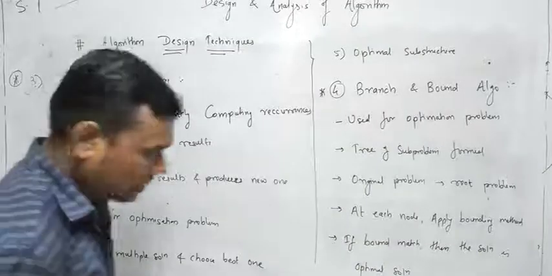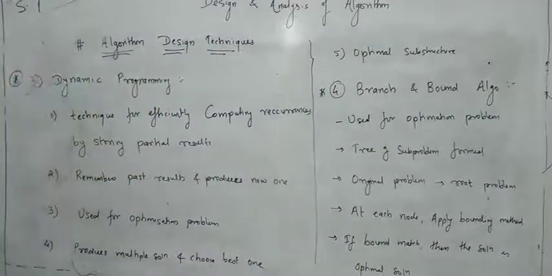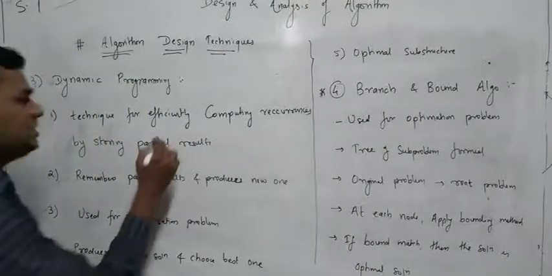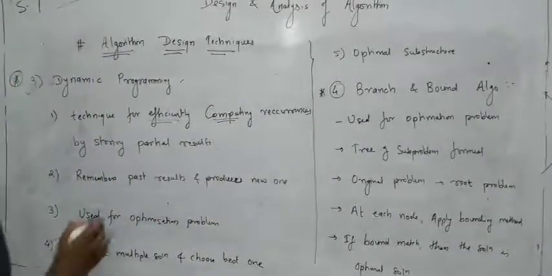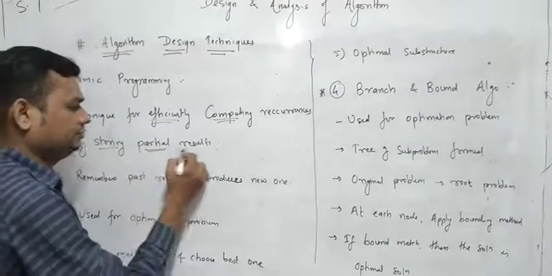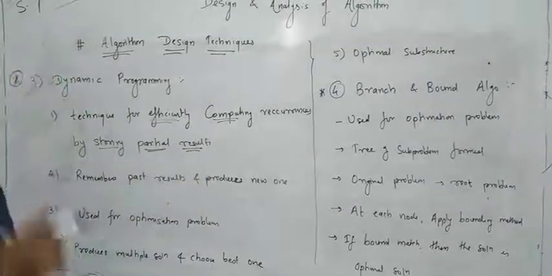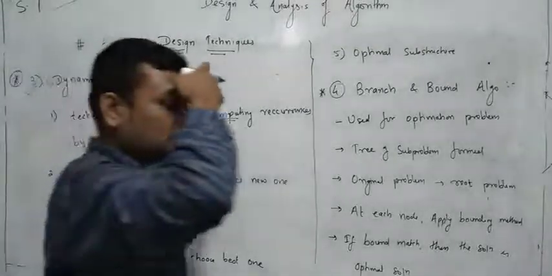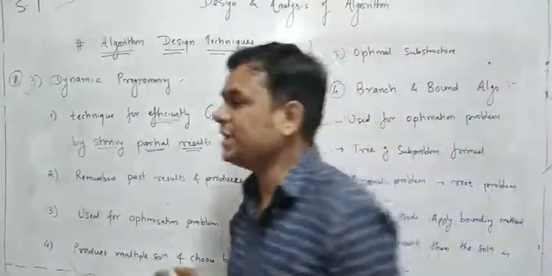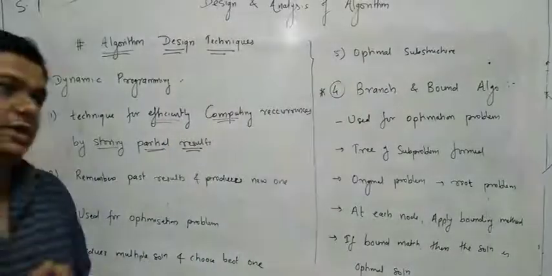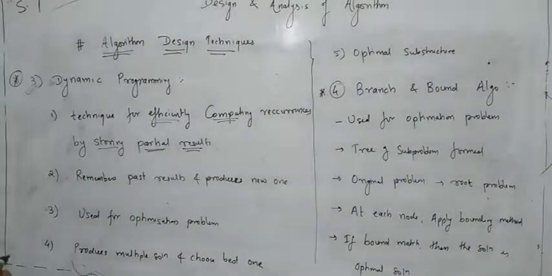So, friends, what is dynamic programming? It is a technique for efficiently computing recurrences by storing partial results. It produces the partial result for each and every subproblem.